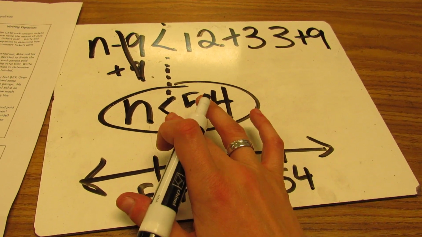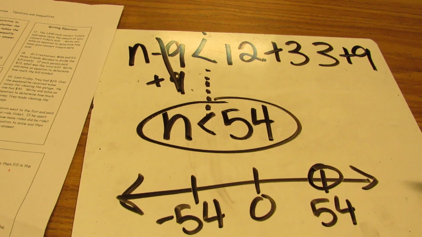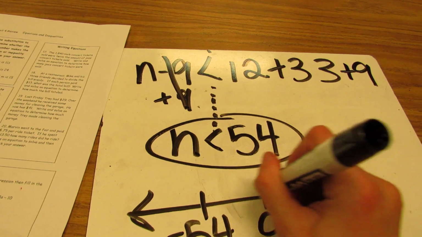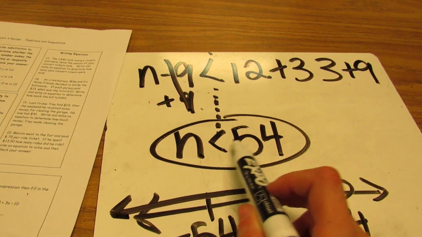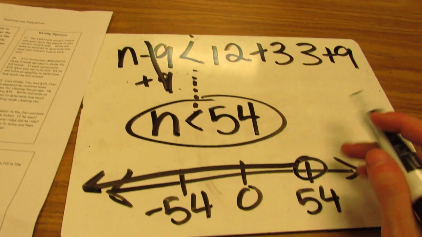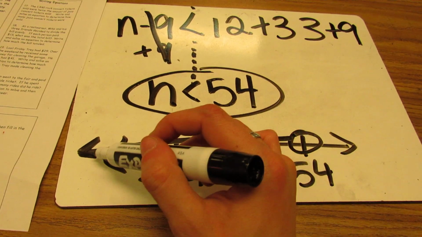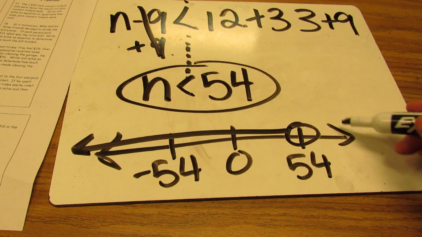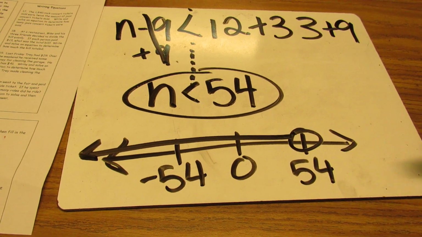This is in question. It's going to be an open circle because there's no "or equal" sign at the bottom, and it's going to be the left direction. It's every number that is smaller than 54. Do you see how this is engulfing? It wants to eat 54. So would 0 work? If I plug that back in, yes, that means that I am going in the right direction. If 55 doesn't work, then your arrow should not be pointing that way, okay?